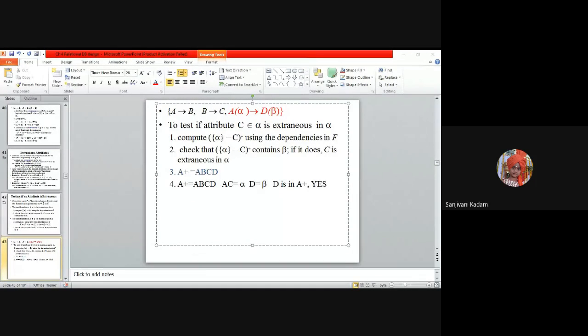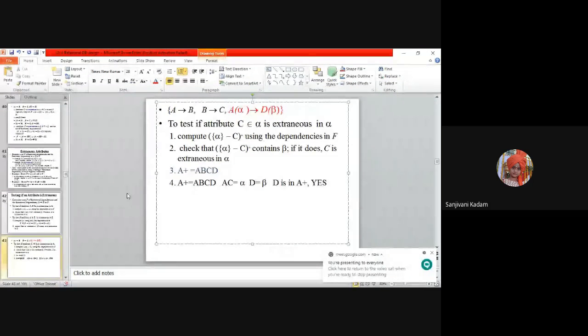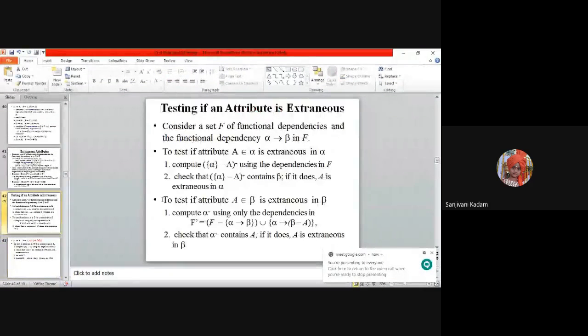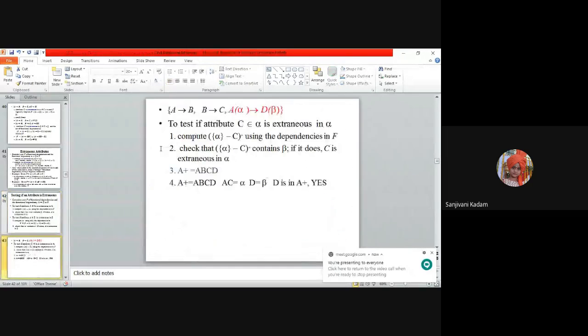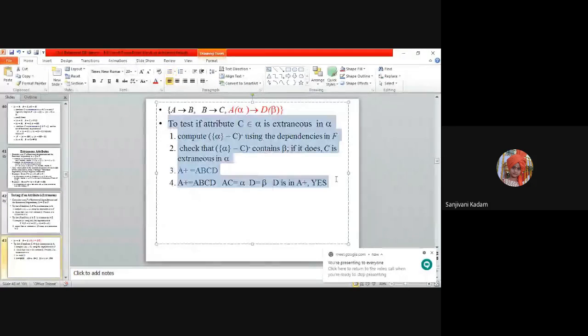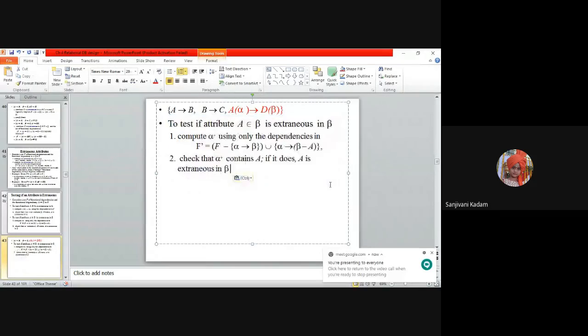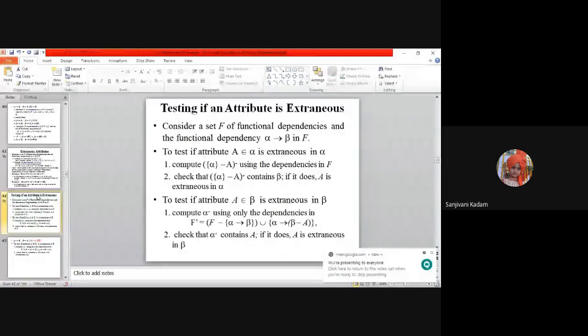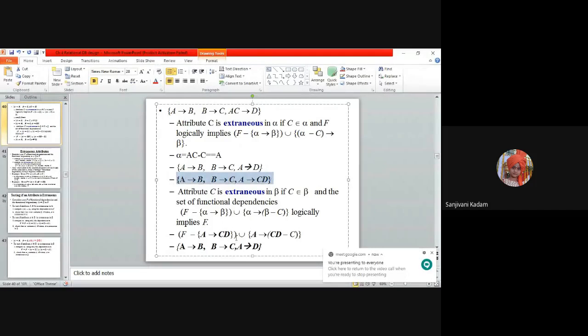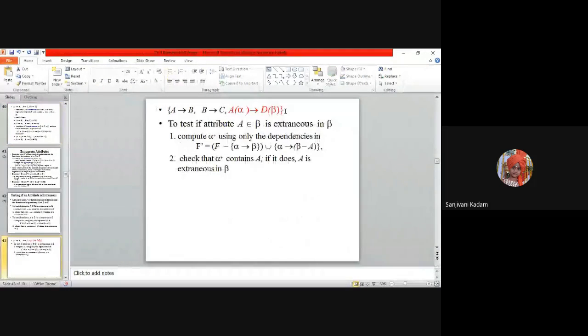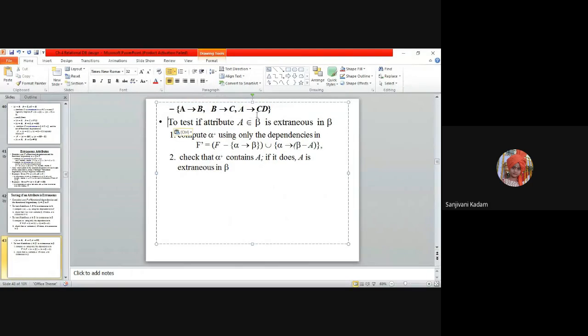Okay, let us move to the second example, to test if C in beta is extraneous. For this purpose, we will take this example. Okay, so now we are talking about this example.